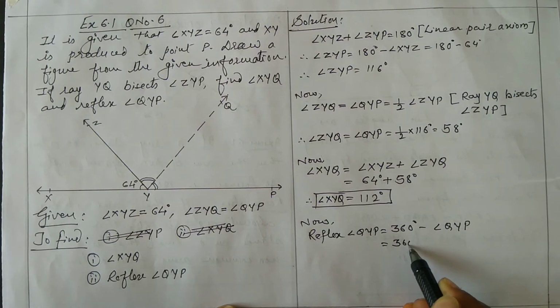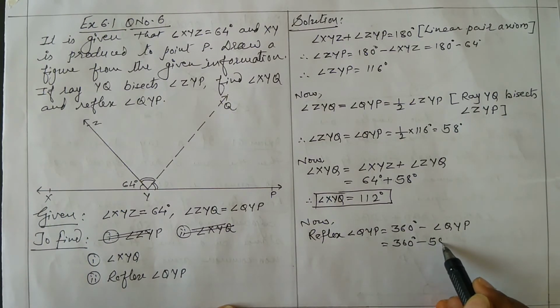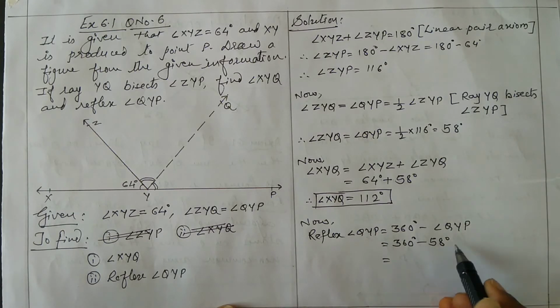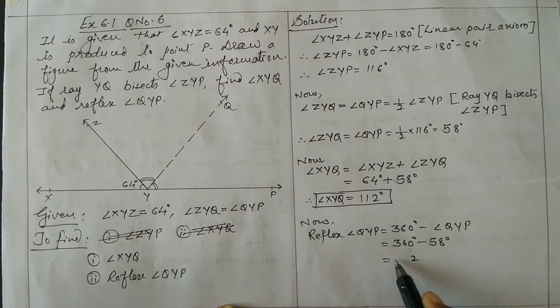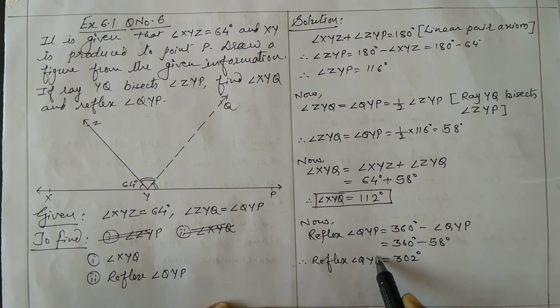So 360 degrees minus, what is the measure of QYP? 58 degrees. Okay, so 360 degrees minus 58, so 10 minus 8 is 2. So 302 degrees. So we got here, therefore, reflex angle QYP is 302 degrees.